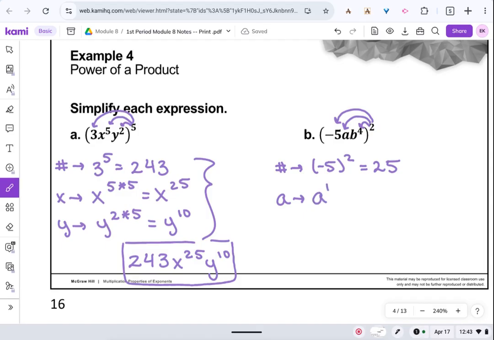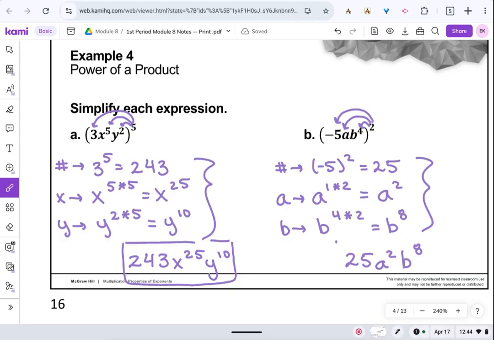You can give it a 1. Multiply it by 2, and that gets me a squared. Then our b term, b to the power of 4 times 2, which is b to the 8th. And then again, we can rewrite these all together. 25a squared, b to the 8th.